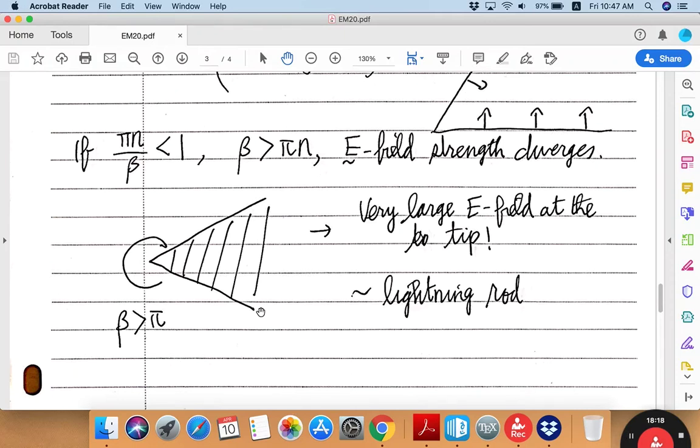Lightning is nothing but a bunch of electrons that are moving through some specified path in space. So by allowing itself to be the center of a high electric field concentration, the lightning rod basically is attracting the electrons that are falling down from the sky and prevents it from hitting elsewhere on the ground.